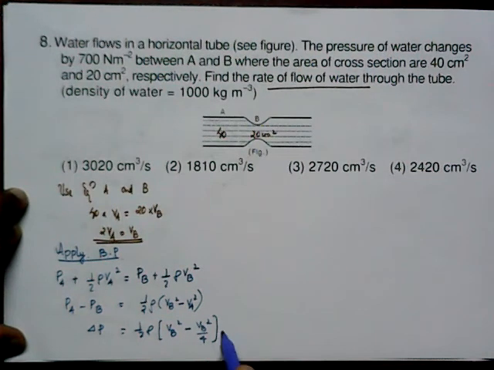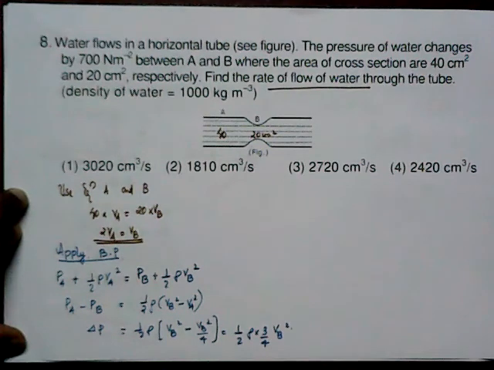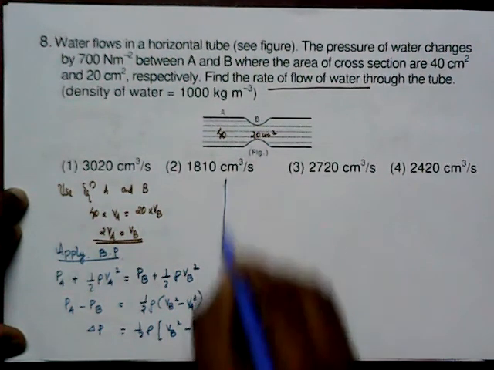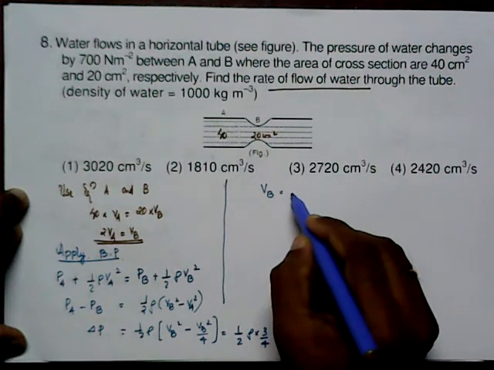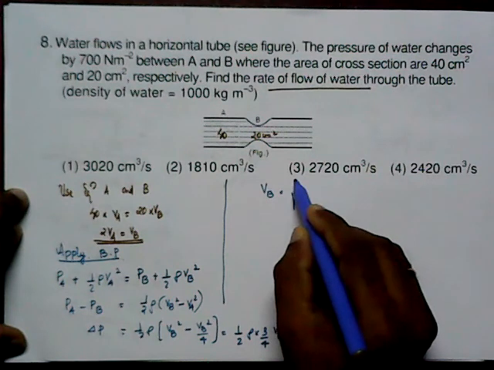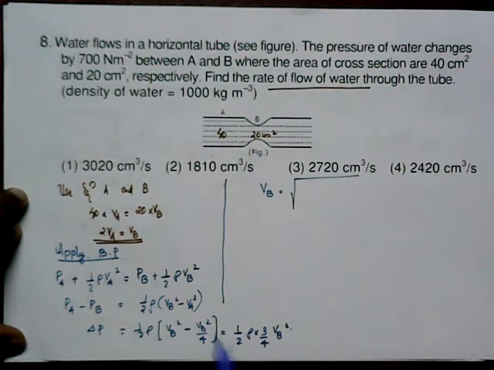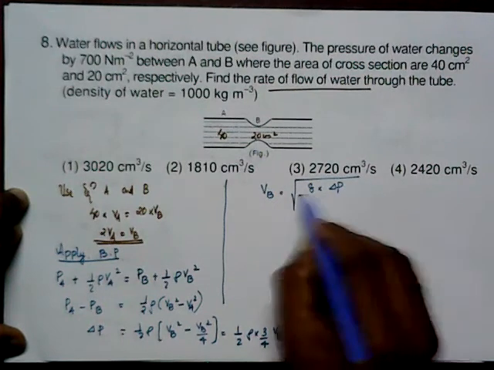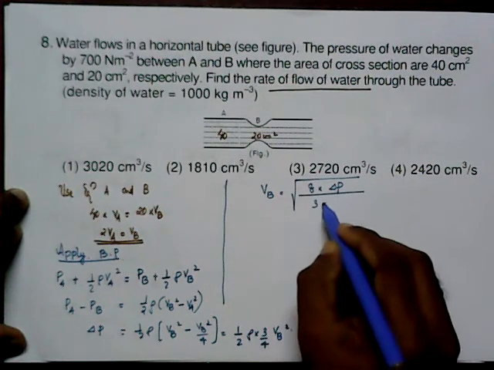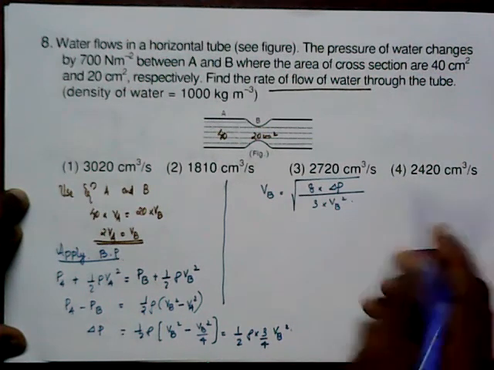Then you get half rho into 3 by 4 VB square. From that relation you get VB equal to root of 8 delta P divided by 3 rho.